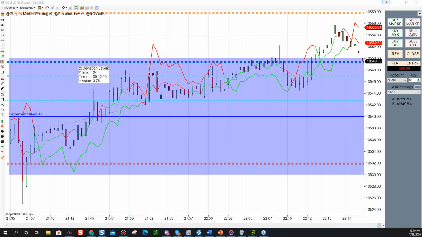I mean, at 10 contracts, that's only, at one contract, how much loss is that? $33? Right? How easy is it to make back $33? Is it easy to make back $33?